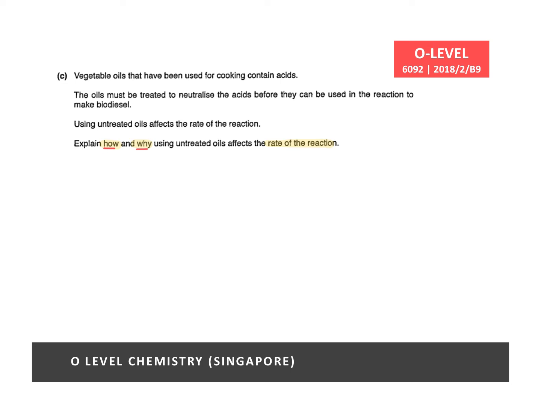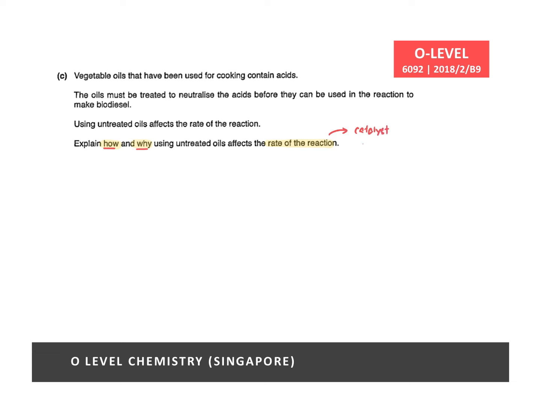So if you examine these five factors, which one would be more relevant over here? Okay, you may be tempted to think of concentration, but in the earlier part, they already mentioned that you use a catalyst. Okay, and catalysts are usually added to increase the speed of the reaction.